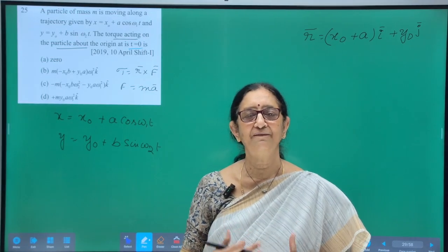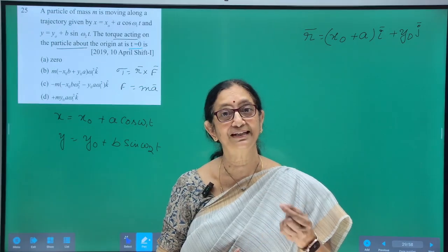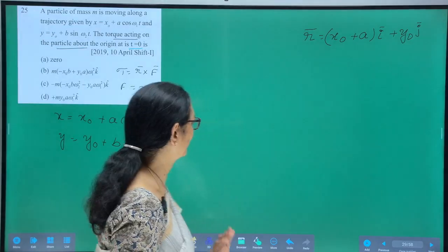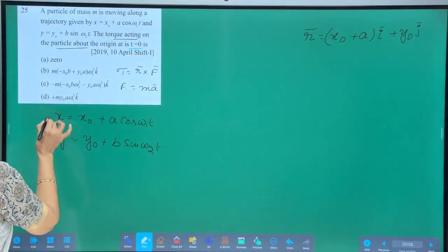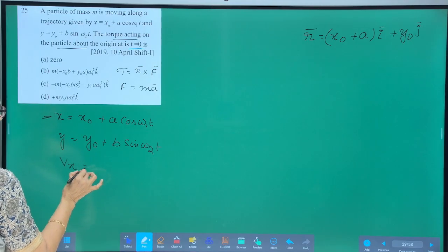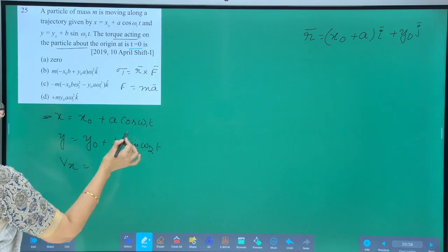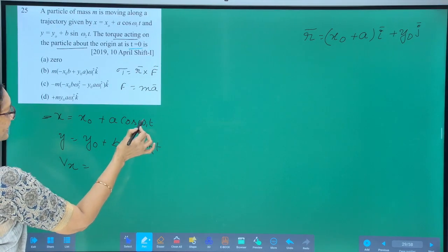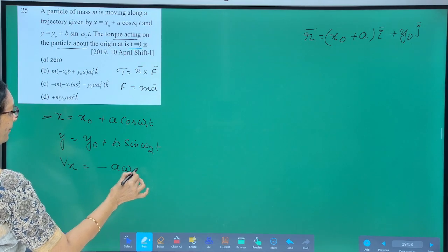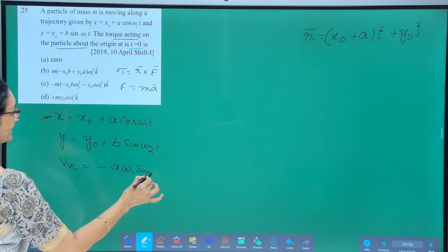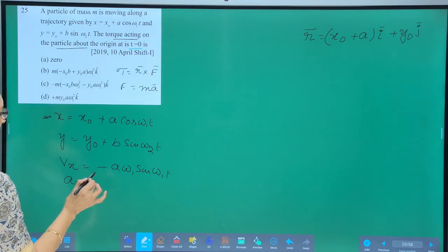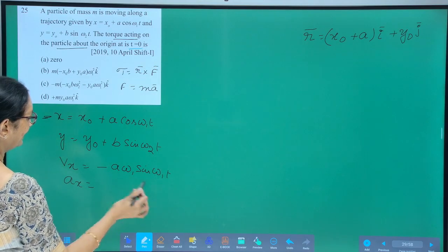Meaning, you have to differentiate the position vector twice with respect to time. Let us do that carefully. If you differentiate this, Vx is equal to derivative of constant is 0, derivative of cos is minus sign, so it becomes minus a omega 1 sin omega 1 t. So, the acceleration component becomes derivative of sin is cos.